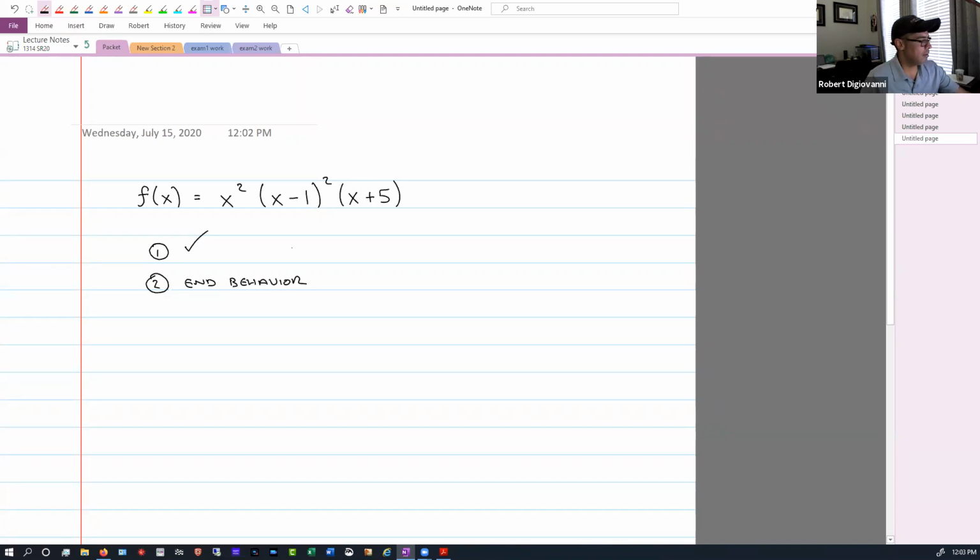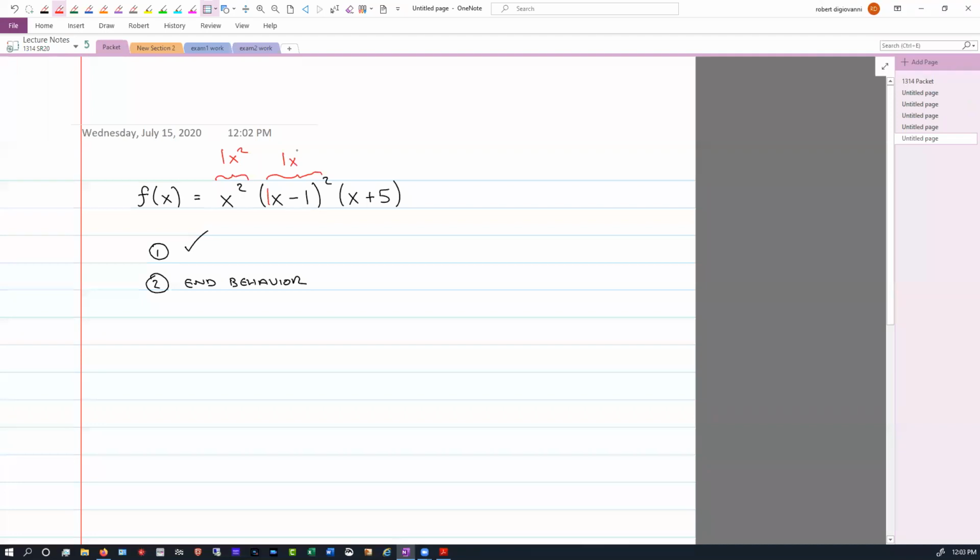All right, so let's talk about these. Look at this first factor here. That is really acting like x squared, 1x squared. Why? Because it is 1x squared, right? There's nothing next to the x. What is this second factor acting like? So if you ignored that -1, it would really be a lot like a 1x squared again, right? 1x.